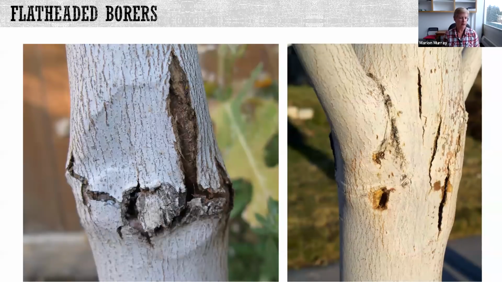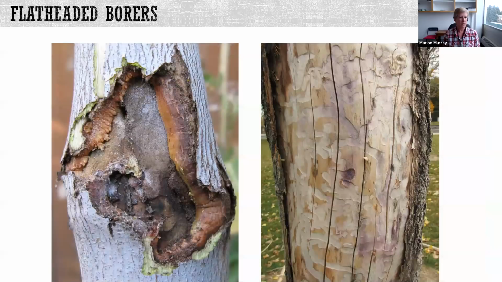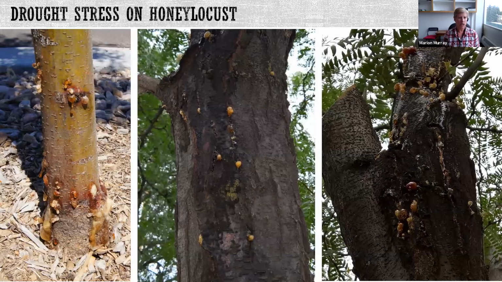On the left there's swelling, a sunken area, and on the right, the bark is splitting and cracking. That might be what you think at first, but if you remove some of that bark, you can see the feeding galleries and what's going on underneath to tell the difference. So flat-headed borers may look similar to cankers.